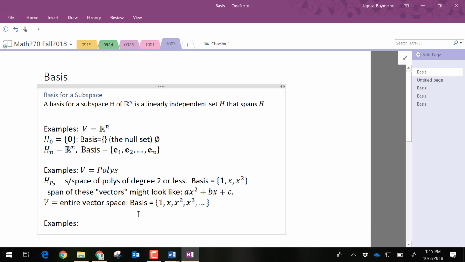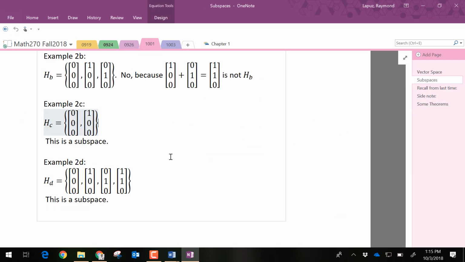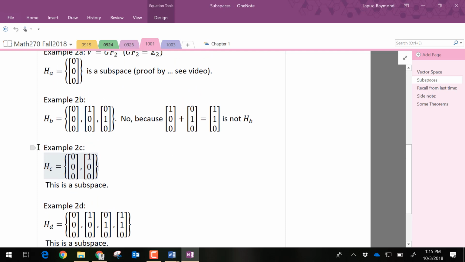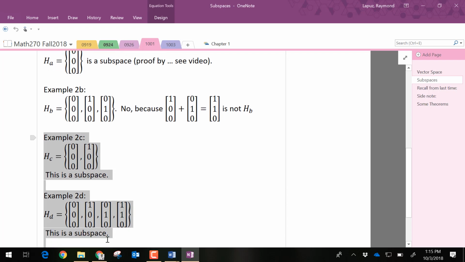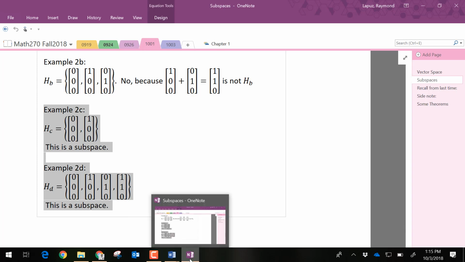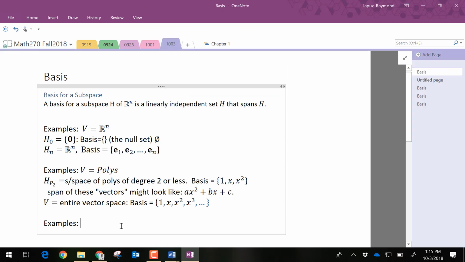All right, so our third one is our GF2 example. Let's take a look at one of the subspaces that we came out of there. We know that the 0 is not a subspace. Here are a couple of examples that turned out to be subspaces for us, and let's see if we can tease out the basis vectors for each.